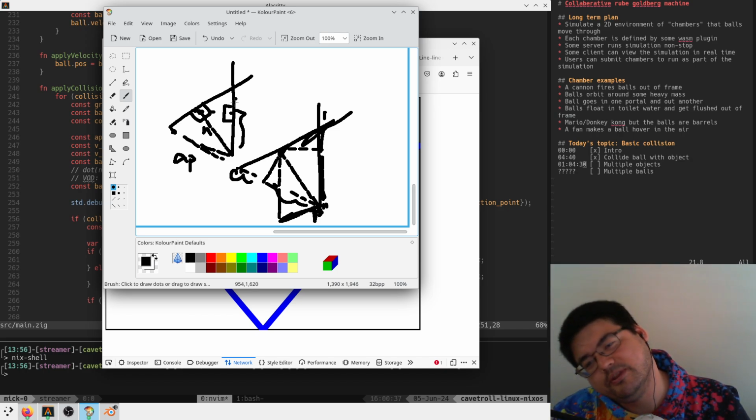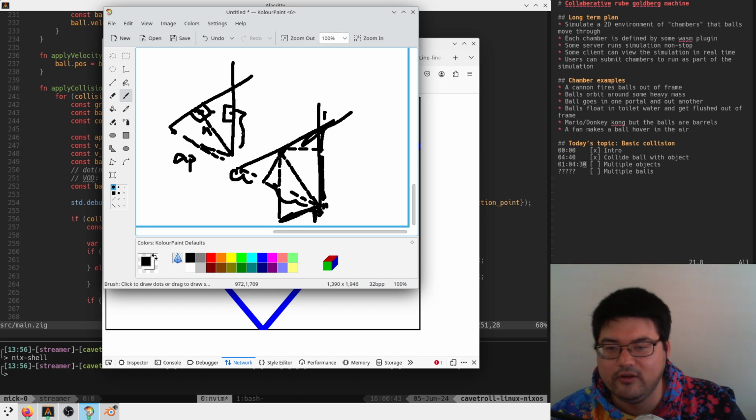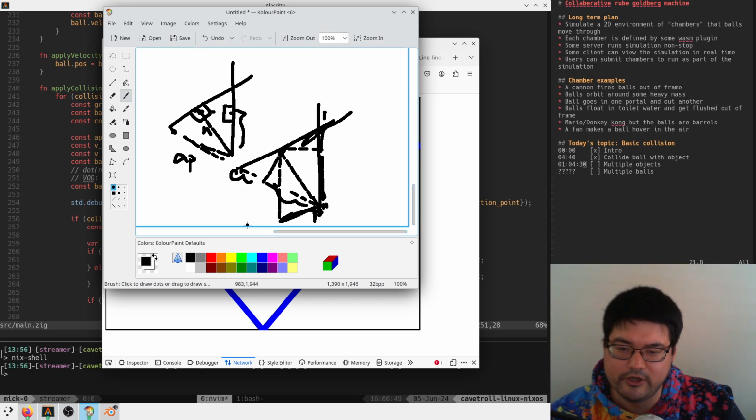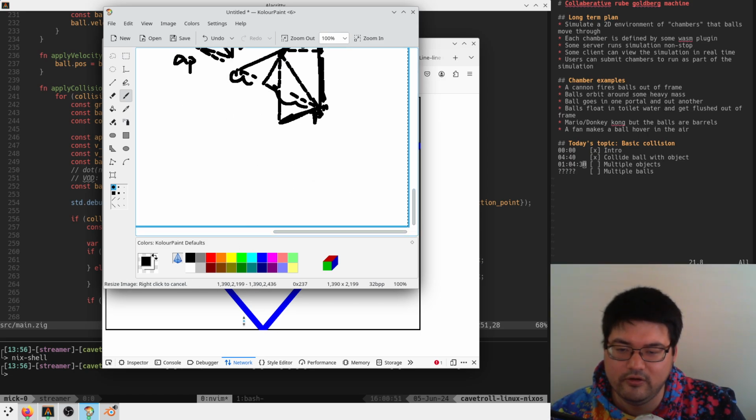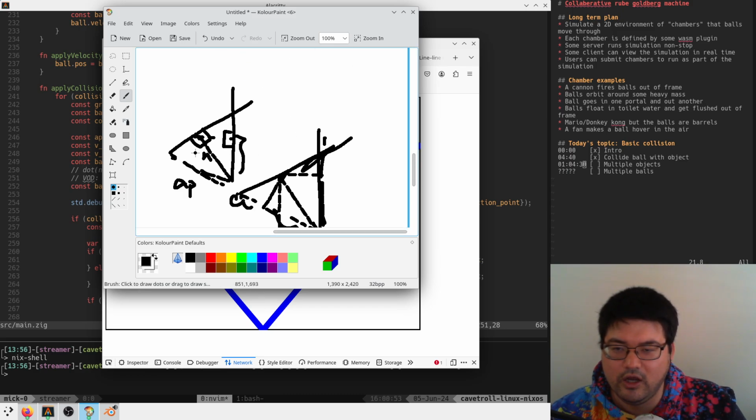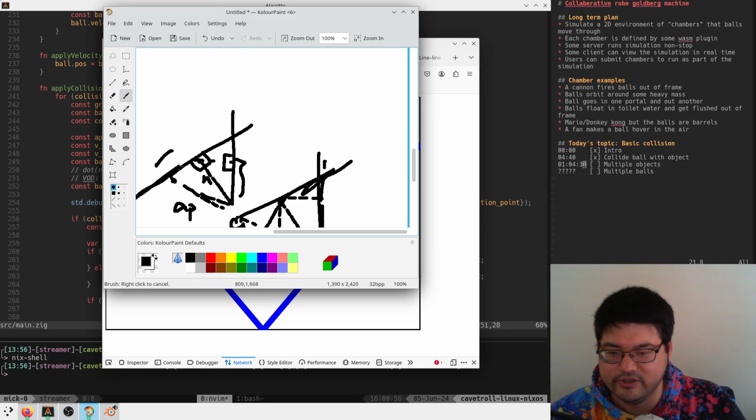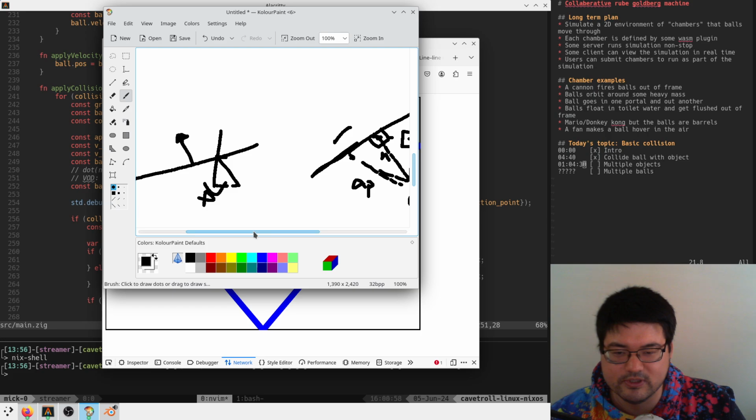Wait, are these guaranteed to be the same length? Am I high for thinking that? Why do I think that? Oh, but this A is any arbitrary point on this line. So no, those are not going to be the same.